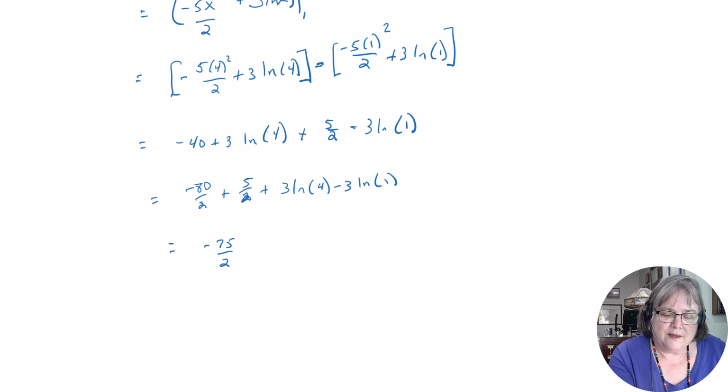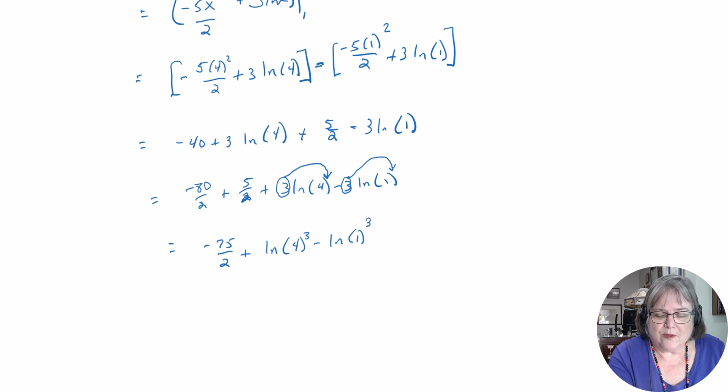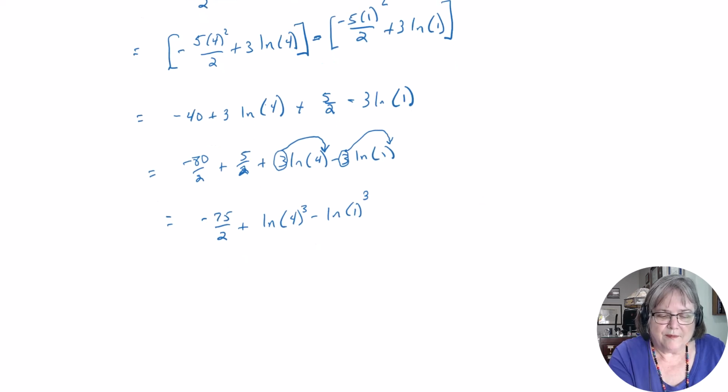And this 3 is actually a power here. Remember your natural log rules, right? So you have the natural log of 4 cubed minus, and this 3 goes up here, the natural log of 1 cubed, and of course 1 cubed is just 1.